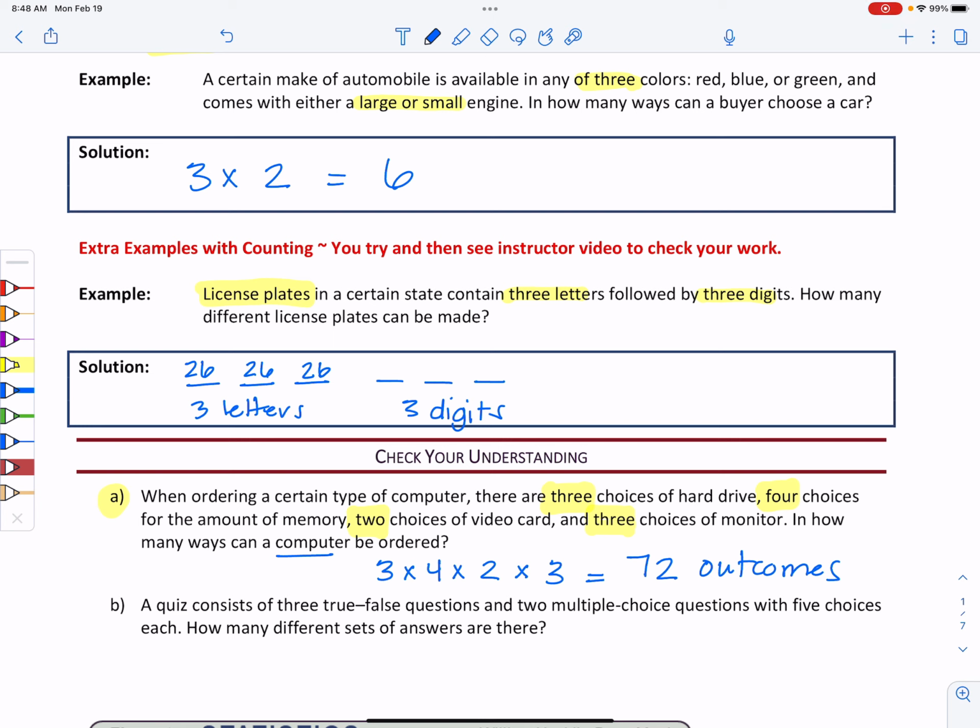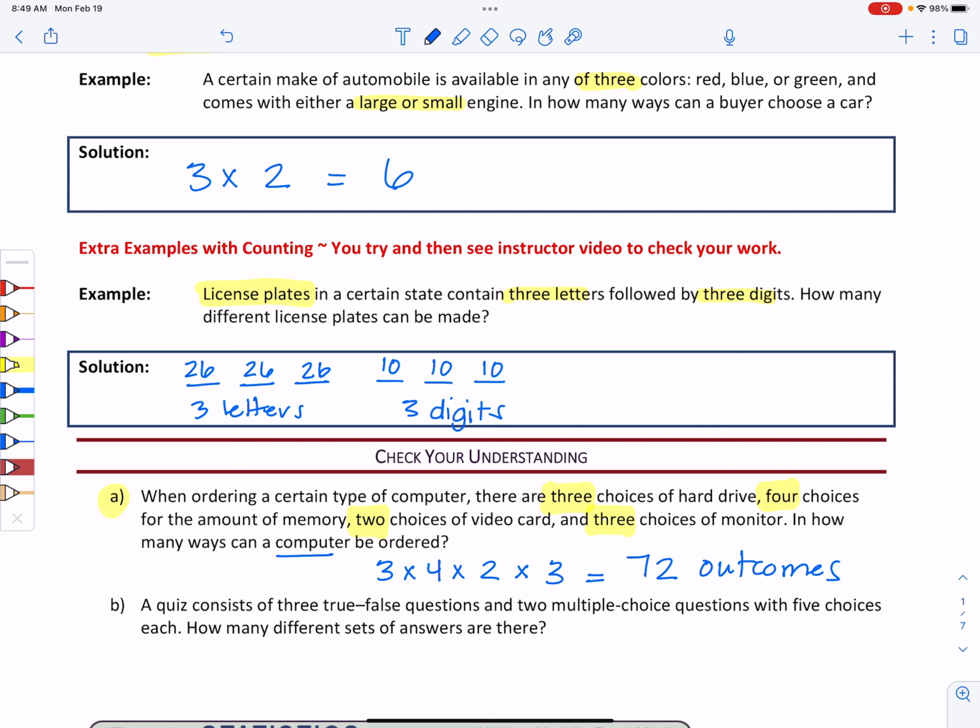Now, digits on the other hand, we've seen an example like this in 5.1. There are 10 possible digits: 0, 1, 2, 3, 4, 5, 6, 7, 8, or 9. So the number of choices that I have for the first digit is equal to 10. Again, this one does not tell me that I can't repeat, so I'm going to keep that the same. If it said you can't repeat the digits, then these would have gone 10, 9, and 8. So I've done the same thing as in the other two examples. I've reported the number of outcomes for each.